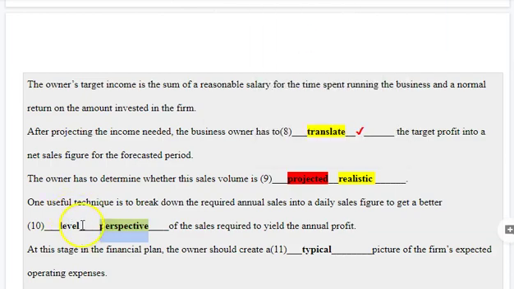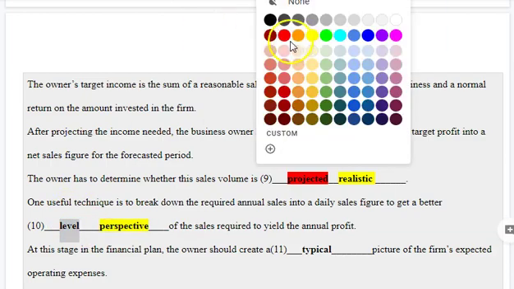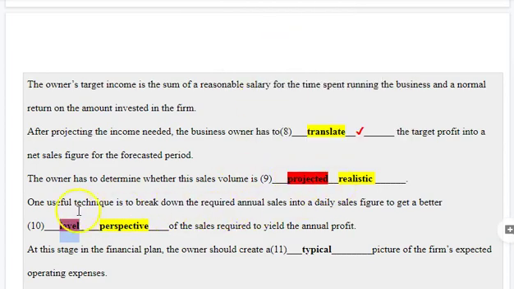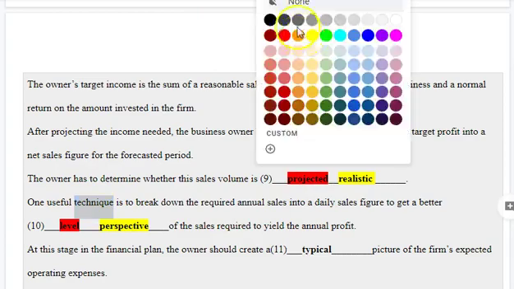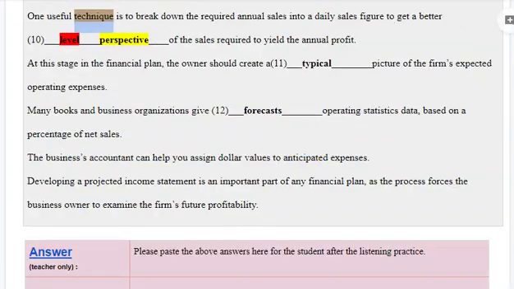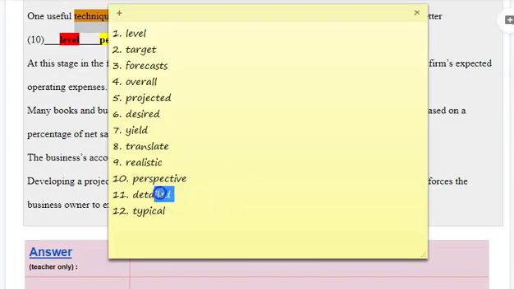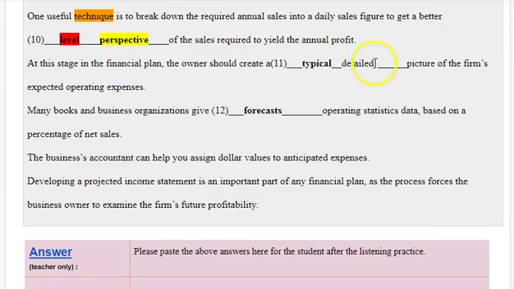One useful technique is to break down required annual sales into a daily sales figure to get a better perspective of the sales required to yield the annual profit.